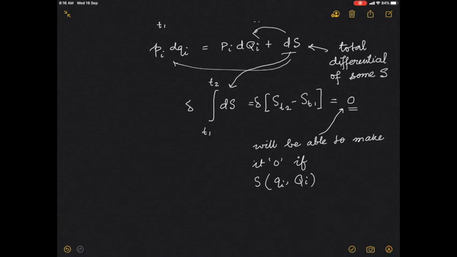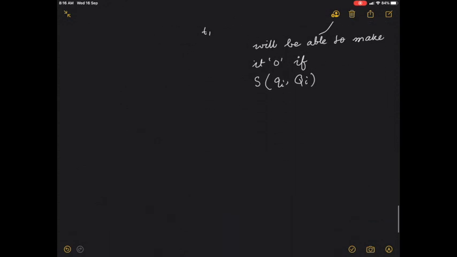There is no variation. Then I can put this as 0, and I can add this arbitrary function dS to these differentials. So S is a function of all the q's and all the capital Q's.